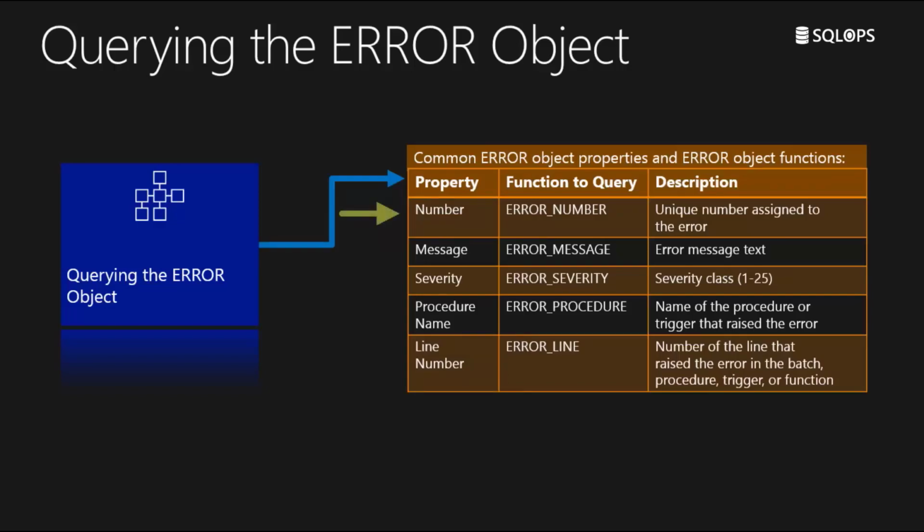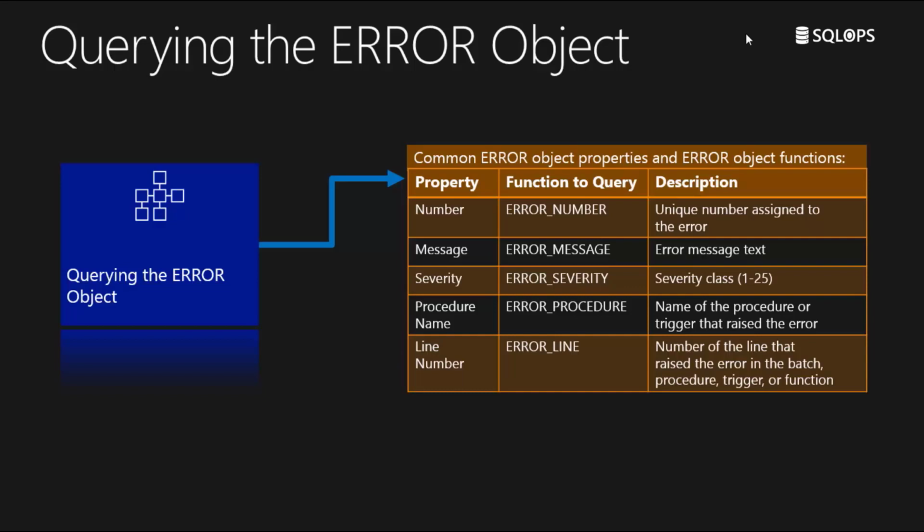It includes the unique ID number of the error, which is accessible with the error number function, the text of the error message, which is accessible with the error message function, the severity of the error expressed as a number between 1 and 25, which is accessible with the error severity function, the name of the stored procedure or other routine that was executing when the error occurred, which is accessible with the error procedure function, and the number of the line in which the error was encountered in the batch or routine, which is accessible with the error line function.